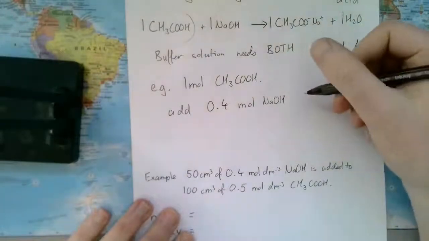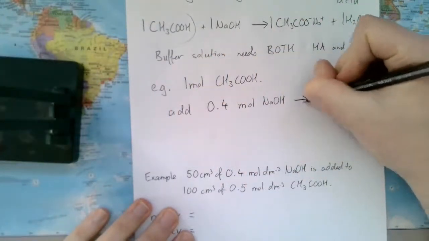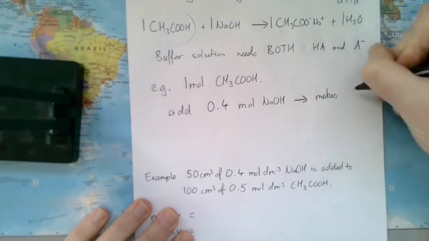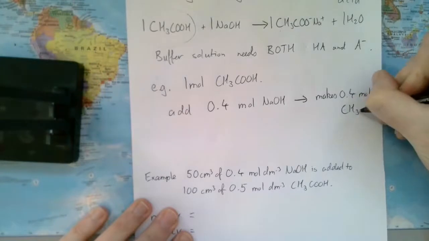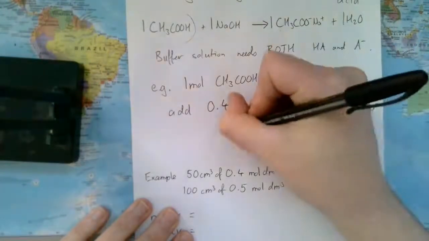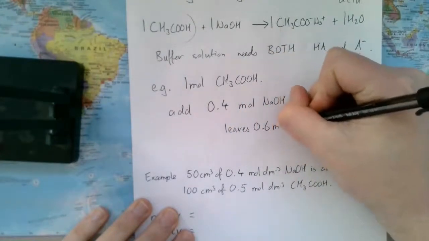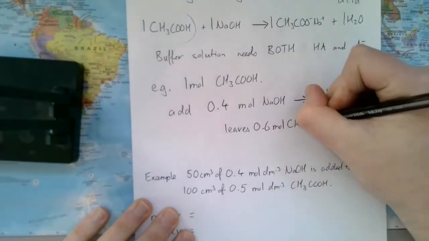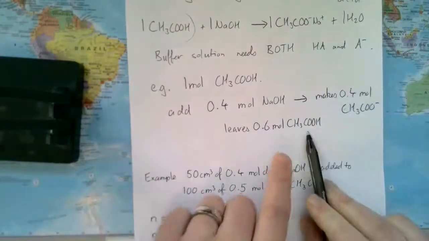So what we're going to have, it makes 0.4 moles of ethanoate, and it leaves 0.6 moles of ethanoic acid.